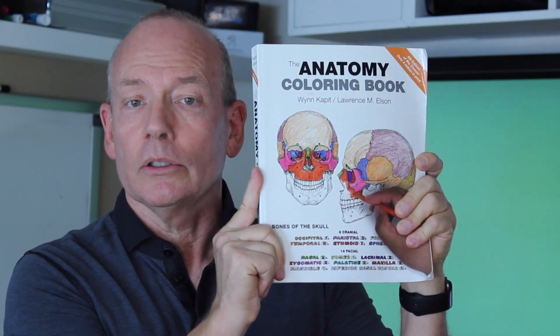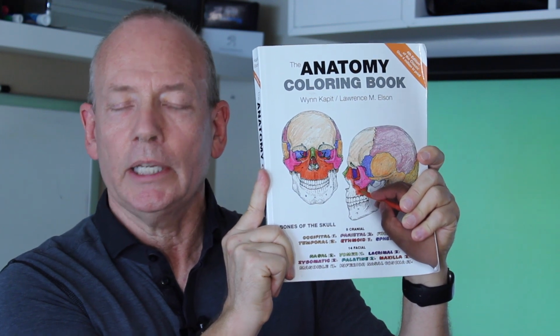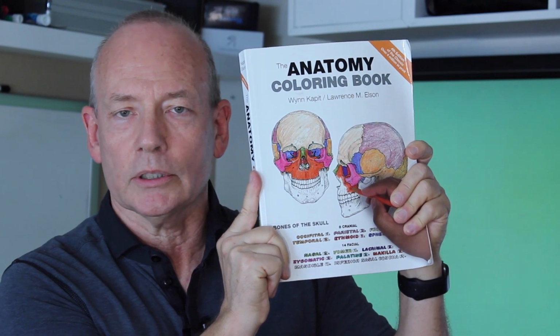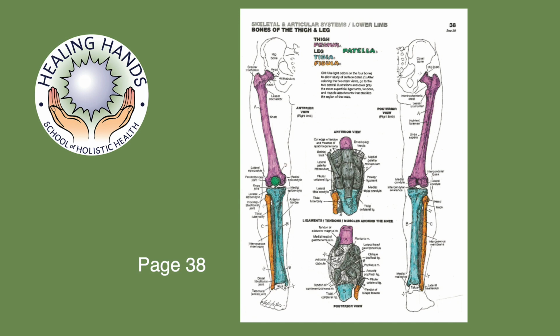The coloring book is another resource that you're going to use to learn the anatomy for circulatory massage. Here are the specific pages that you need to go over for this section. On page 38, you have the tibia, the fibula, the patella, the femur, and the greater trochanter.